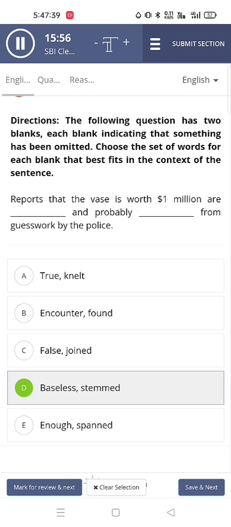So there is confusion in A and D. Reports that the vase is worth 1 million are true and probably knelt from guesswork by the police. Then there is reports that the vase is worth 1 million are baseless and probably stemmed from guesswork. I think D should be the answer.